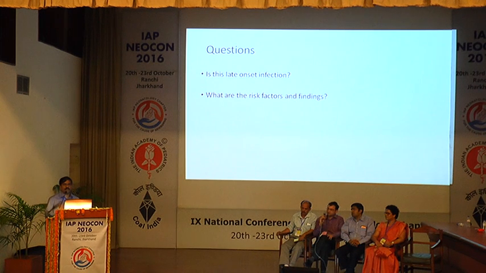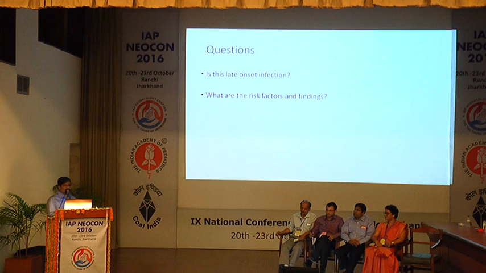Although the definition says that if a baby has clinical signs and symptoms of infection within 2 days after discharge, you consider it hospital-acquired infection, here we know that the baby required hospitalization, was given antibiotics for 7 days and was discharged with a very significantly low weight, and comes back after 1 week. So we really don't know whether it is incompletely treated sepsis or something else which has led to infection in this baby.